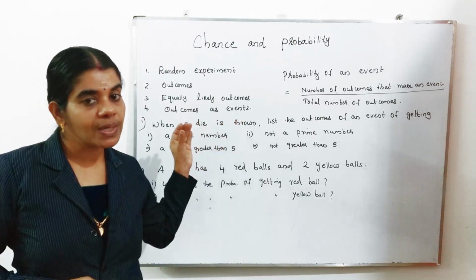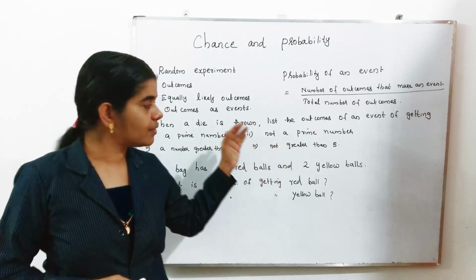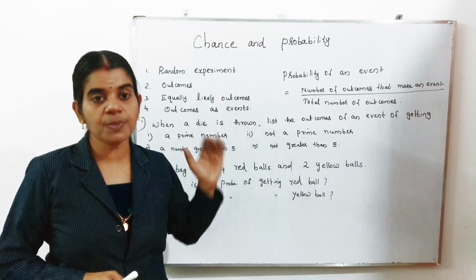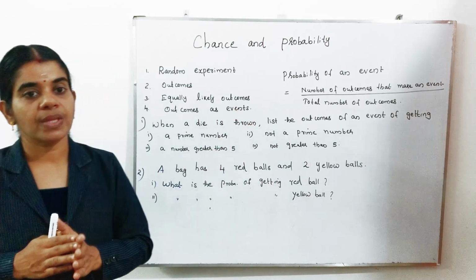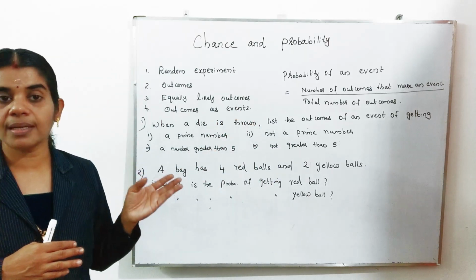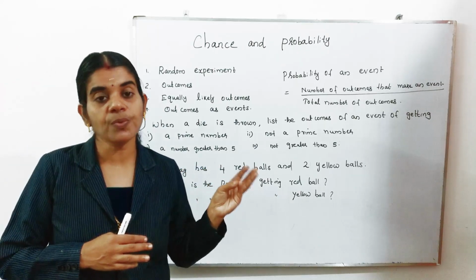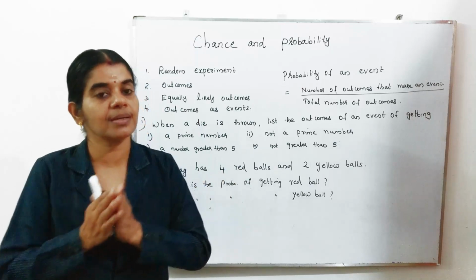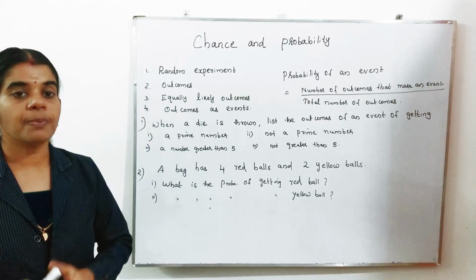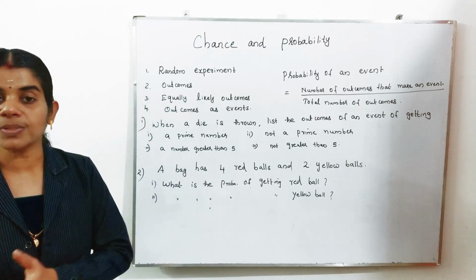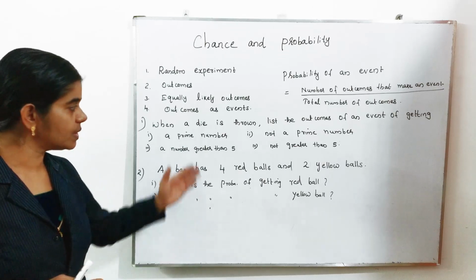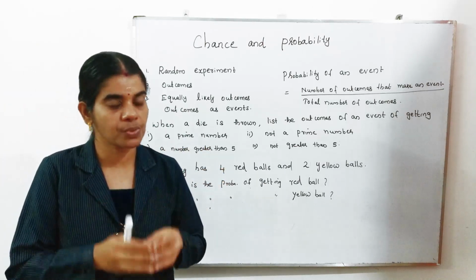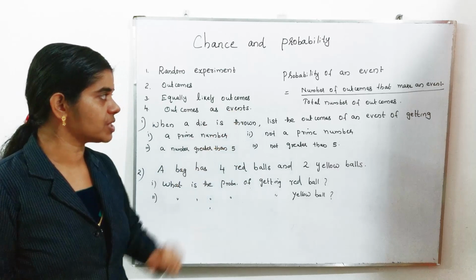Taking these outcomes separately, we can call each an event. Suppose we take even numbers, 2, 4, 6. If we take those 3 outcomes together, that is also an event. Odd numbers we take, that also we can take as an event. All the outcomes, or 2 or 3 outcomes together, are also known as an event.